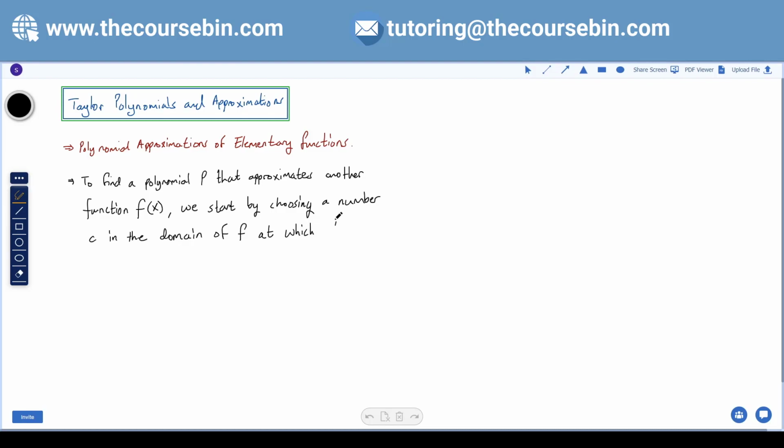So in other words, we want a value c so that p of c is equal to f of c.